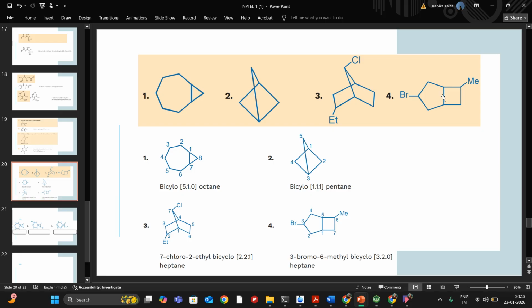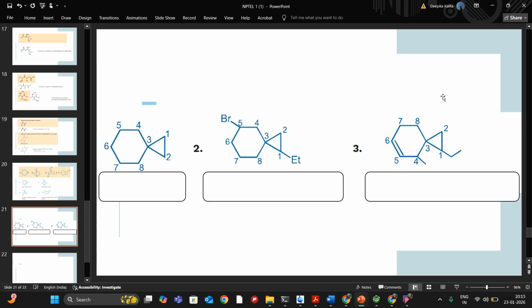Okay, I hope the nomenclature of these bicyclic compounds is clear to you. At the end of this tutorial, we are going to solve these 3 examples of spirocyclic compounds.